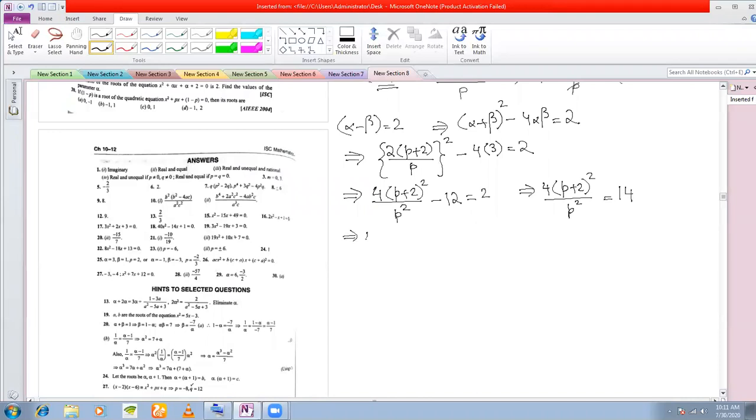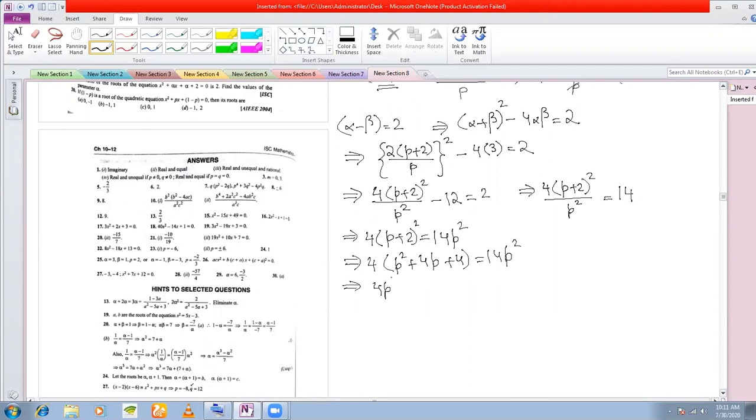Cross multiply, you get 4 times (p plus 2) square is 14 p square.